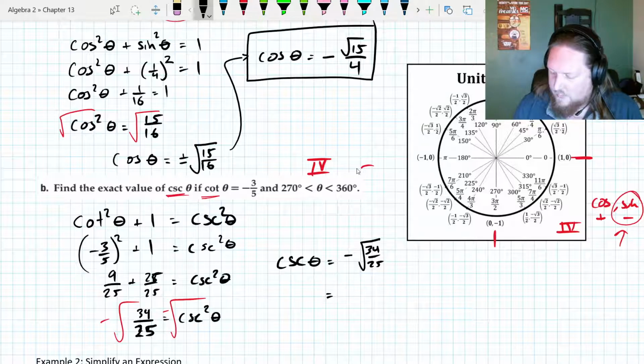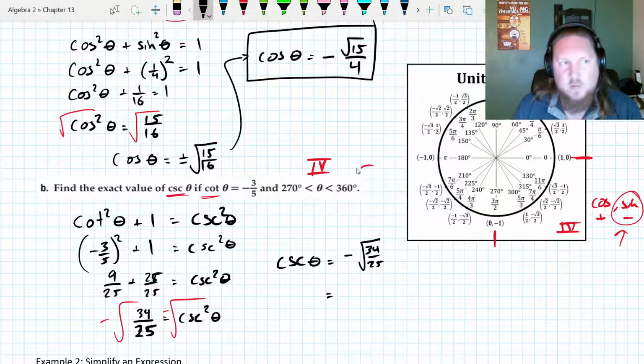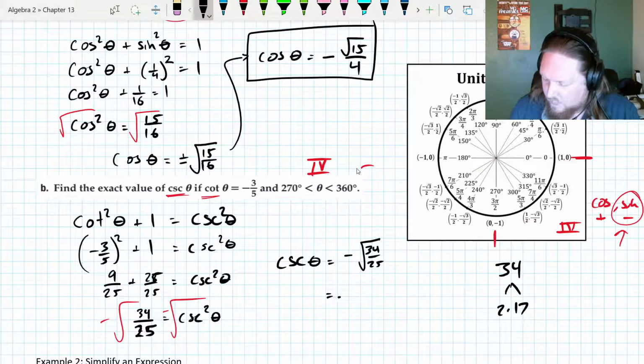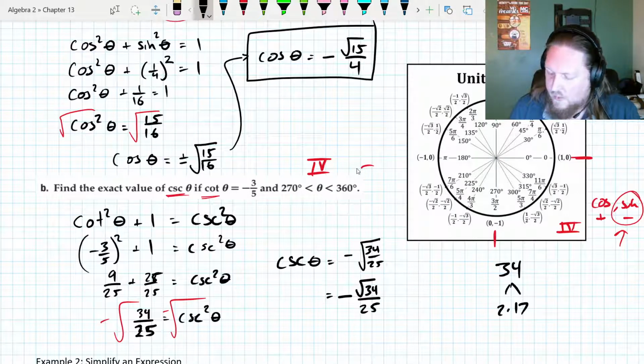Now I know I can take the square root of 25, but 34 is 2 times 17, which are both primes, so negative root 34 over 5 is cosecant theta.